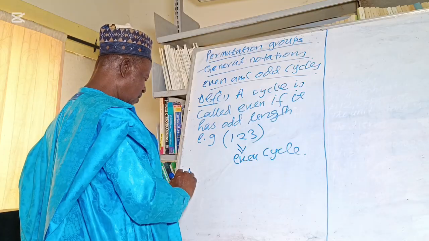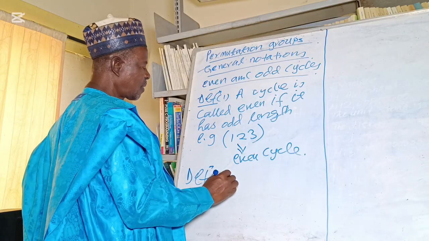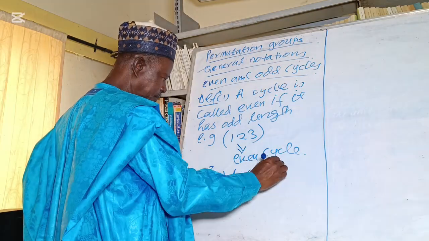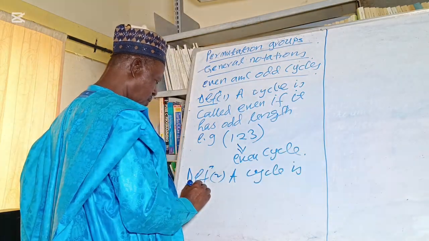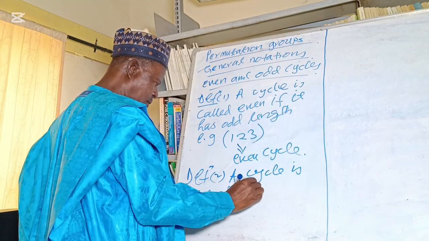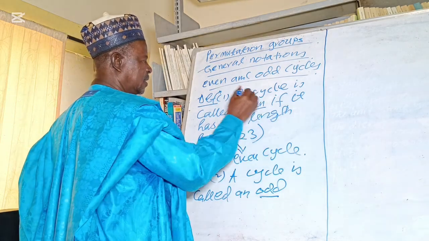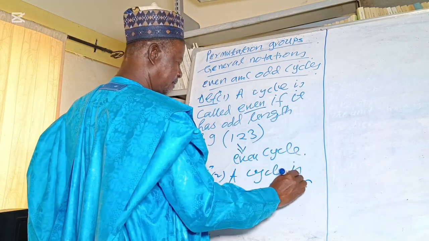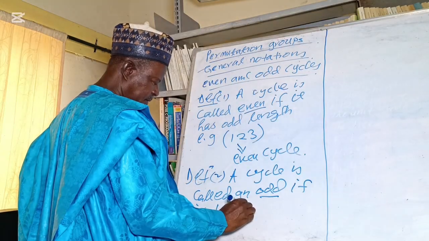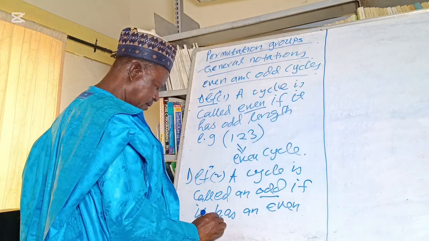We have now the second definition. Definition 2: a cycle is called an odd cycle, just like we had even here, if it has an even length.